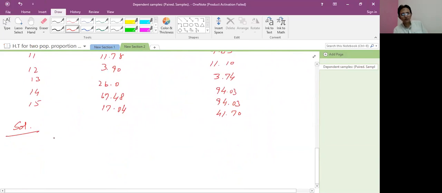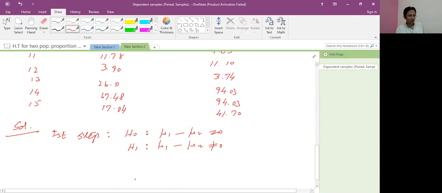So student, first step, hypothesis testing. What is H naught? H naught represents mu1 minus mu2 equals 0, and H1 is mu1 minus mu2 not equal to 0. Here we consider this condition.